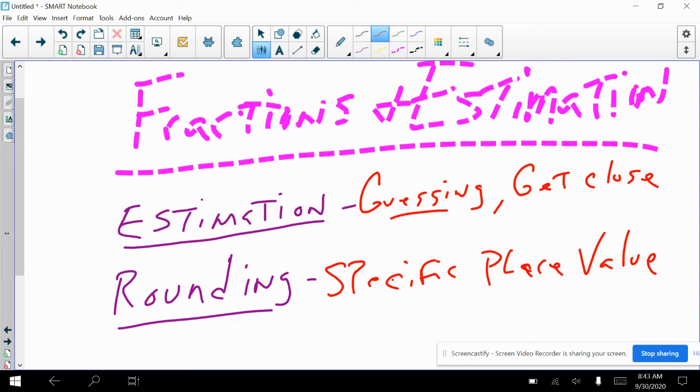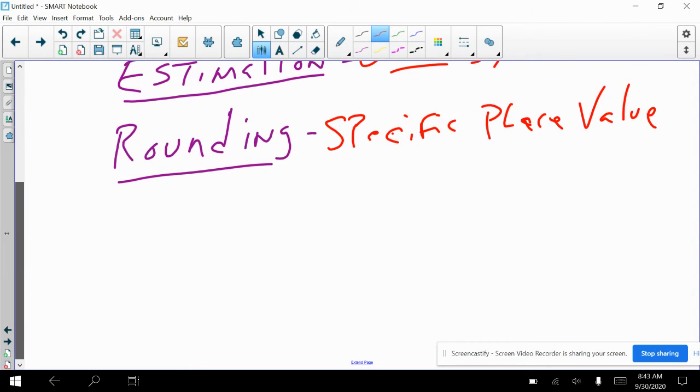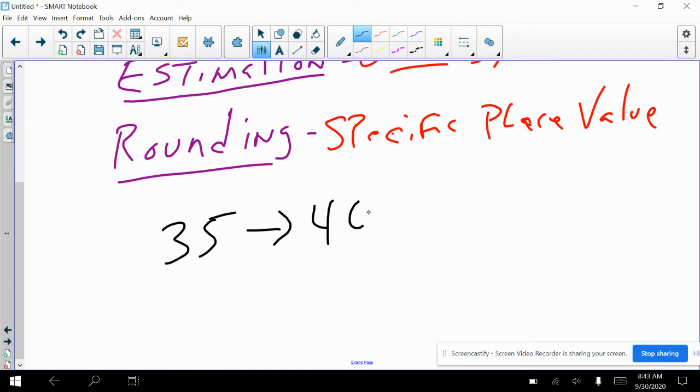For example, we're not talking about fractions now, but if I would say 35, and I would just say, what is that closest to? Estimate 35. What are you going to give me? 40. What else? No, not 0. I'm not going from 35 all the way down to 0.